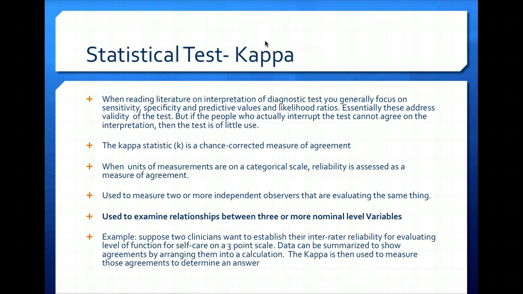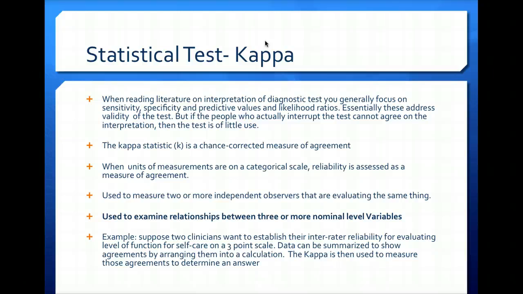is used for that. So when you're reading literature on interpretation of diagnostic tests, you generally focus on sensitivity, specificity, and predictive values and likelihood ratios. Essentially, these address validity of the test. Okay, now that's probably a little more than what we'll focus on, but again, this is some background.